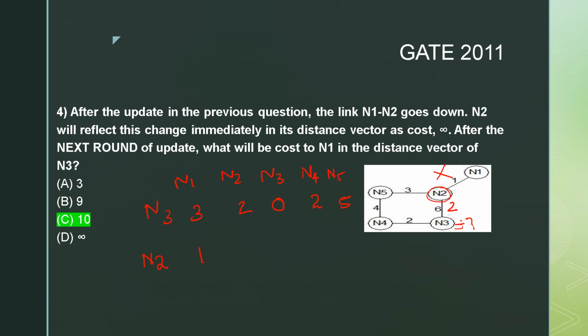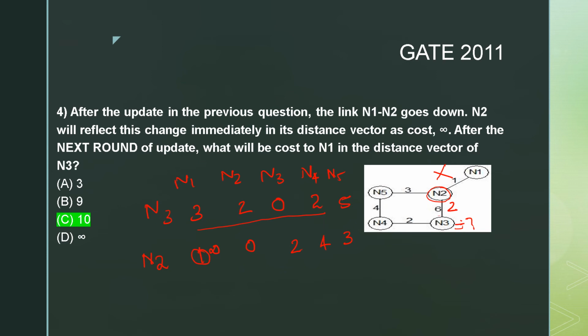It was 1, N2 to N2 0, N2 to N3 it is 2, N2 to N4 2 plus 2, 4, N2 to N5 it is 3. This was the cost. Now the link between N2 and N1 is broken, so this one will be changed to infinity. What is the change of these values now? This is the question.